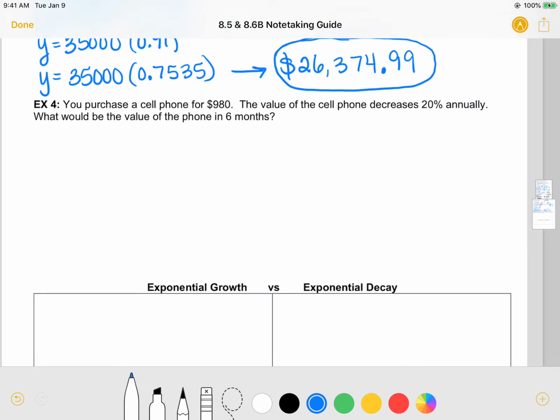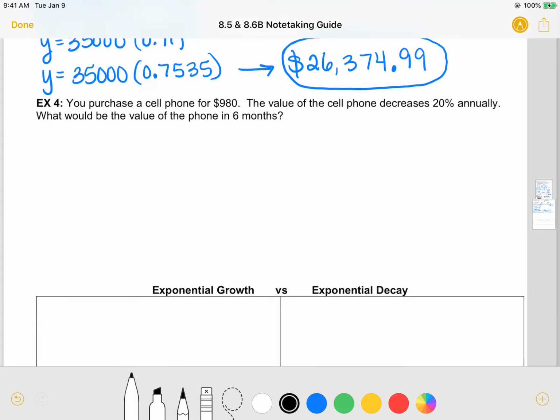Let's look at example 4 here. So for example 4, it says you purchase a cell phone for $980, okay? And it says that the value of the cell phone decreases 20% annually, okay? So what would be the value of the phone in 6 months?